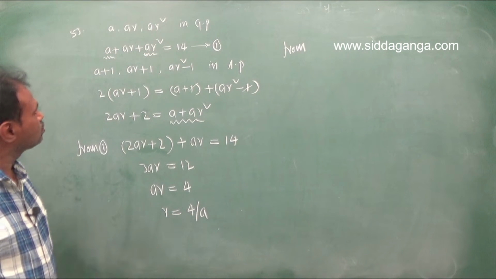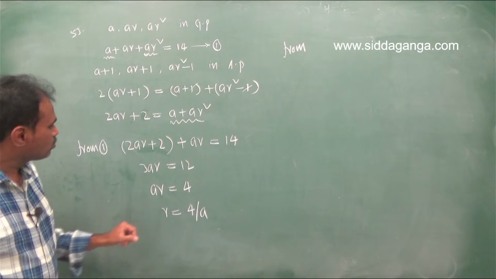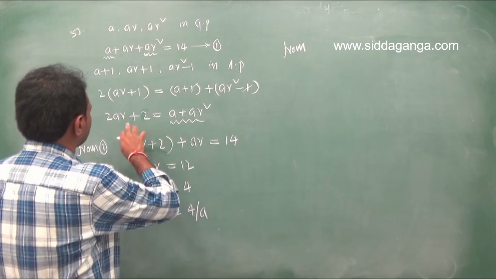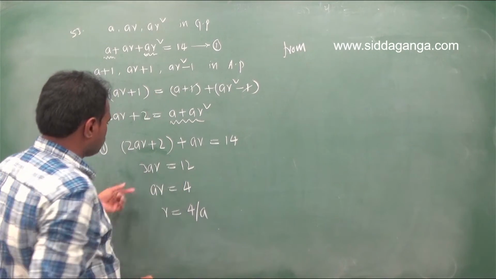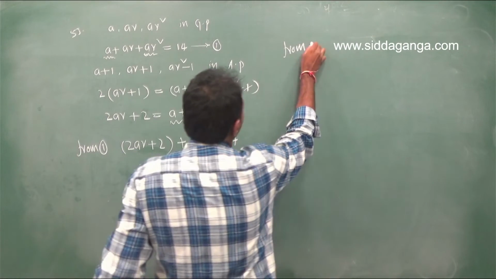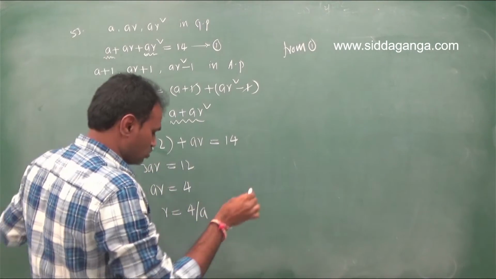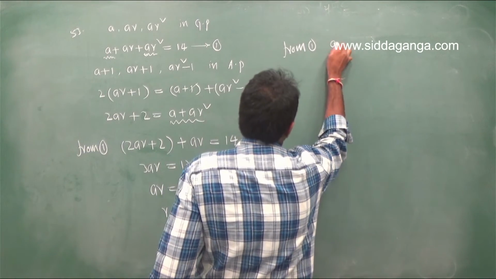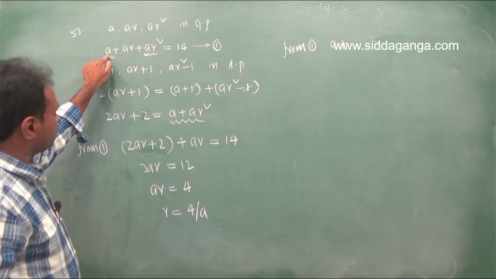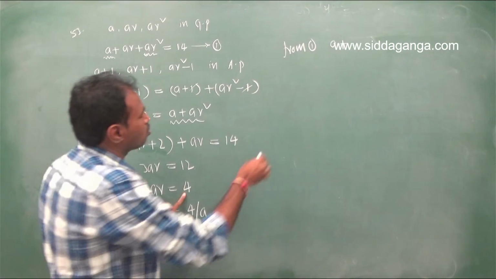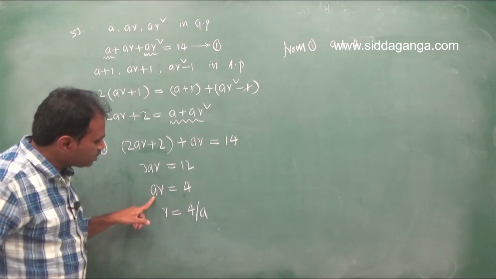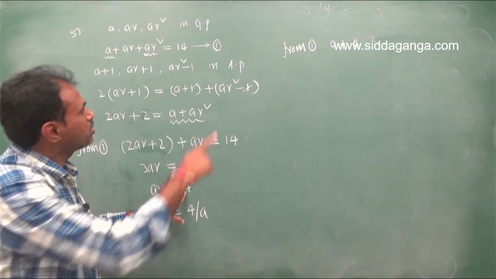Write A as it is. We already know AR equal to 4, so write 4.